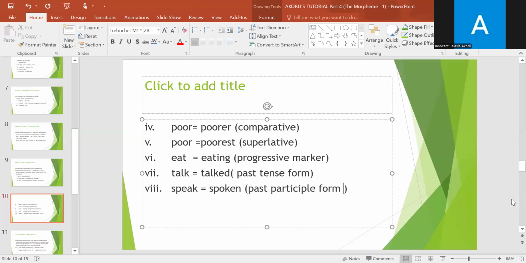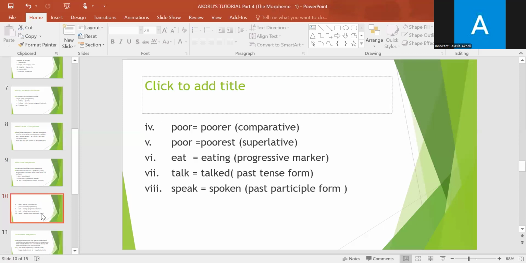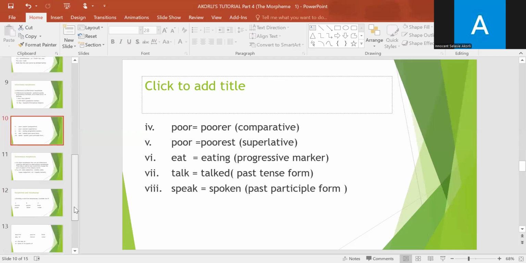So these are inflectional morphemes. If you look at it, they are all suffixes. The plural form, the possessive form, the third person form, the comparative form, the superlative form, the progressive marker of the verb, the past tense form of the verb, the past participle form of the verb. They are all inflectional morphemes.